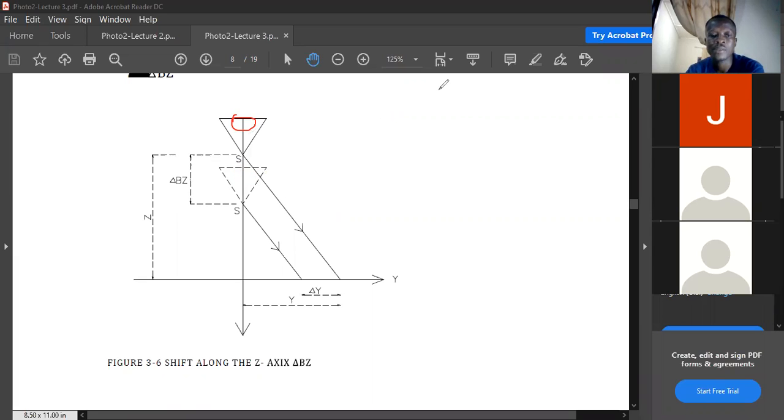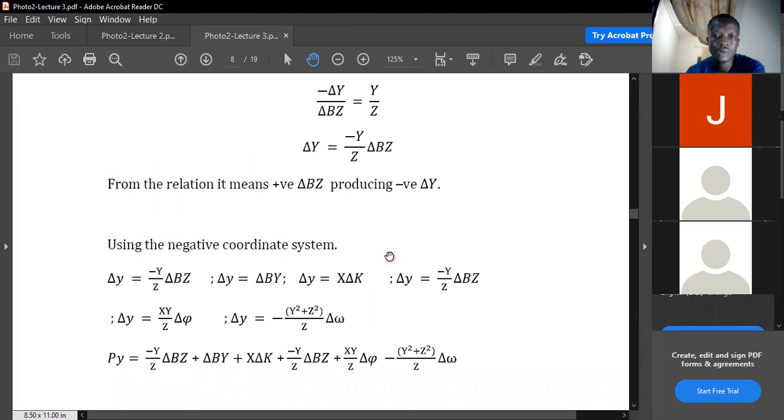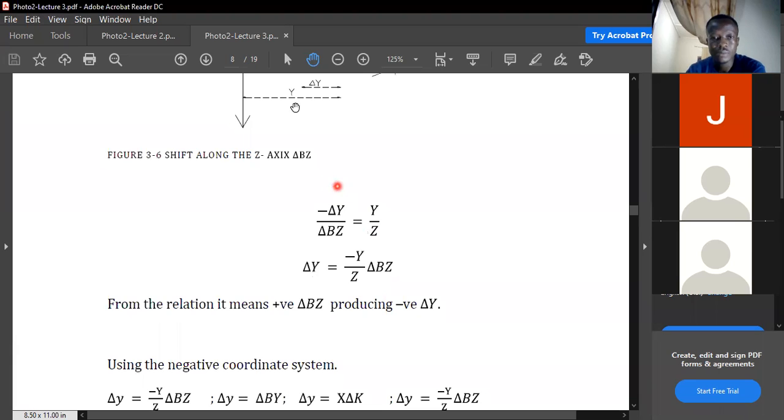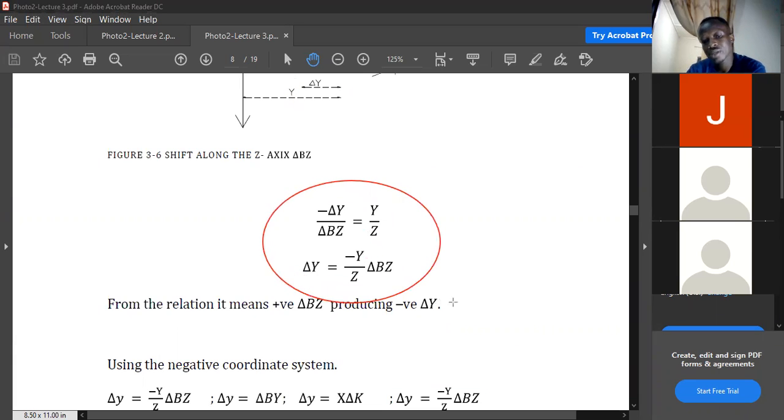Is that okay? All right. We are going to write a relation between delta bz, the y coordinates, and the effect of delta bz.